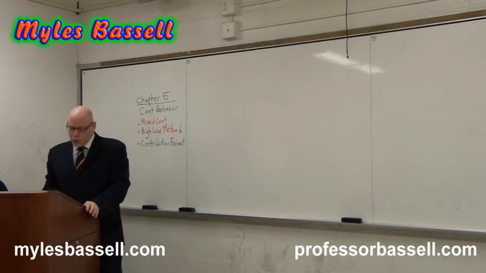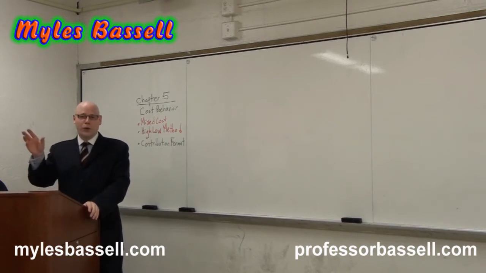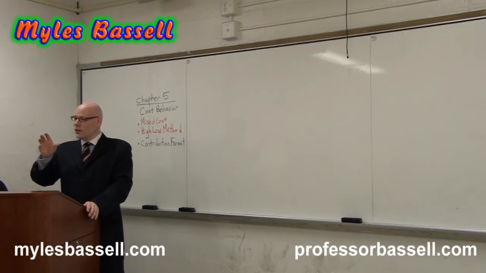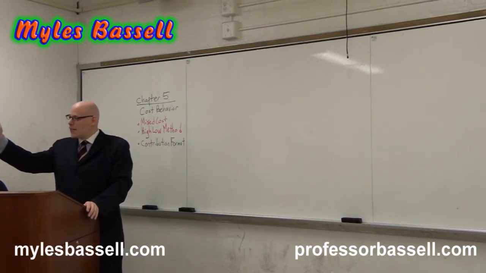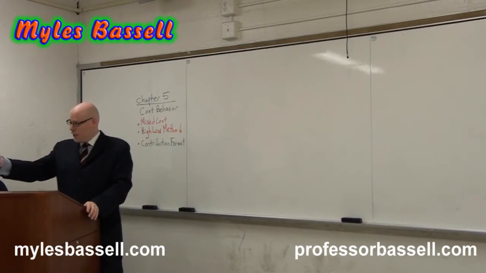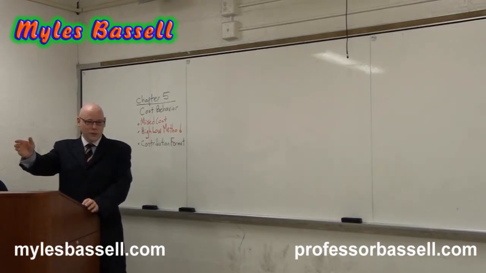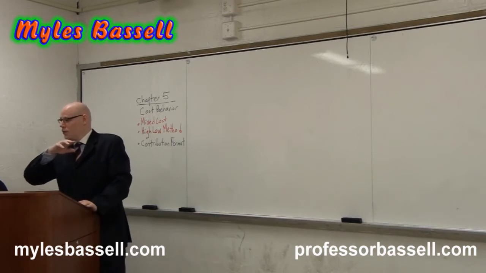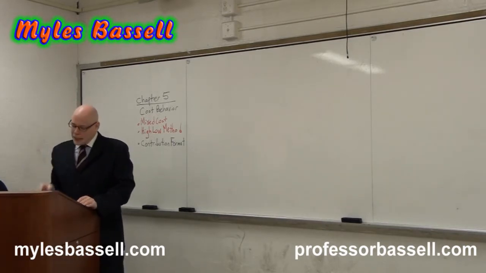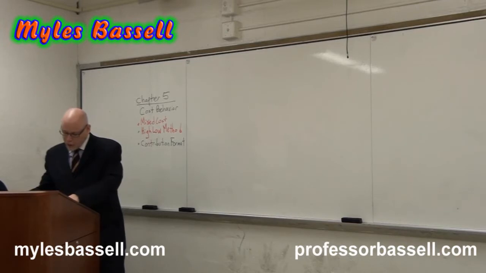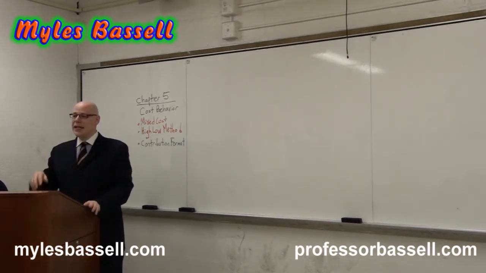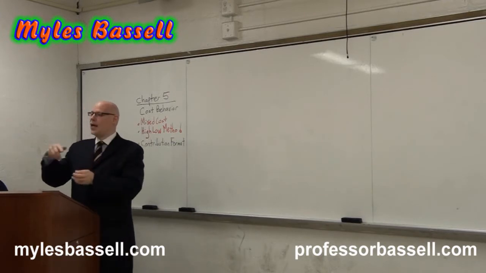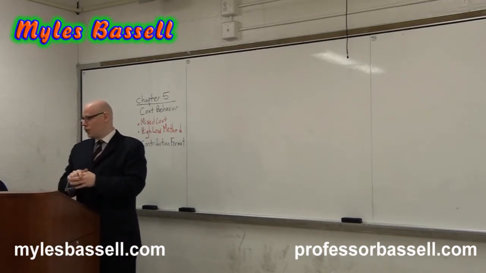So the variable cost per unit is constant, but the total variable cost is going to increase with the level of activity. So we've talked about this before. And today we're going to take an example. We're going to look at this example as it relates to coffee.